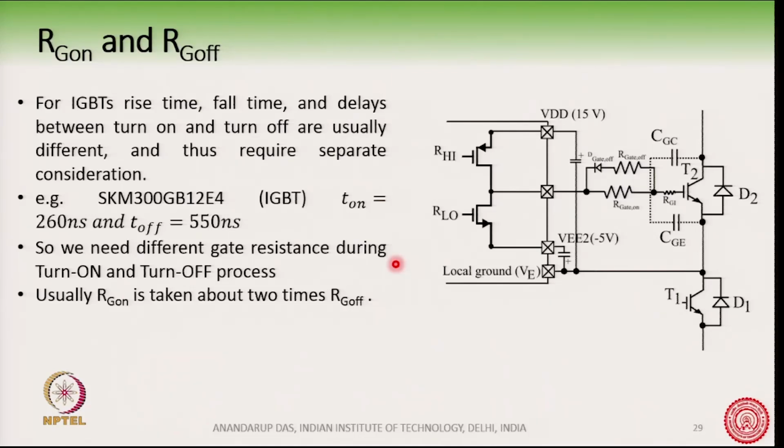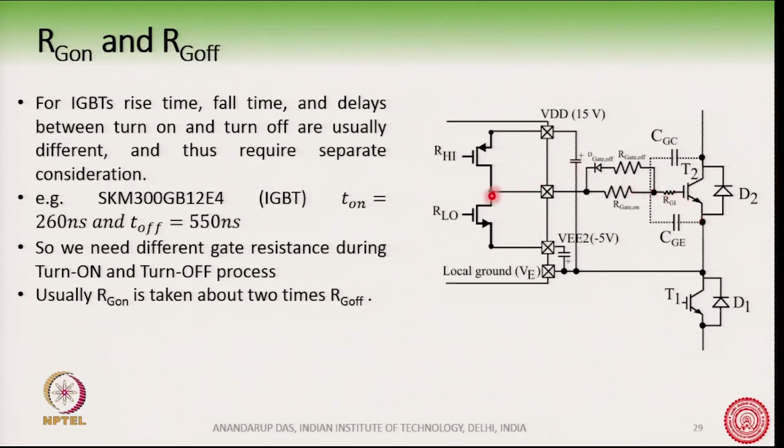Here you can see one circuit which has two different resistances. During turn on, this R gate on comes into the picture. This is how the current flows through R gate on, because this diode here is reverse biased, whereas during turn off a parallel combination of these two resistances comes into the picture.